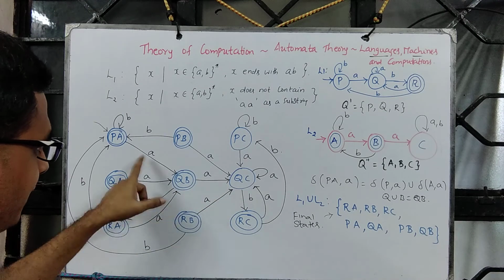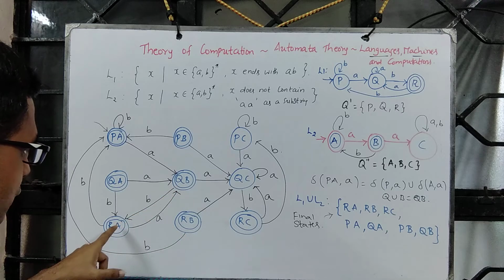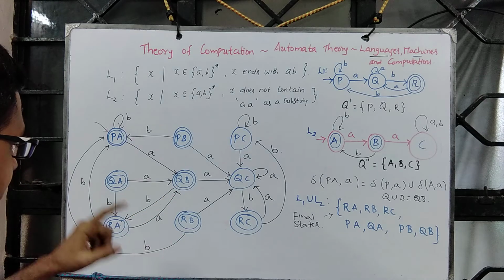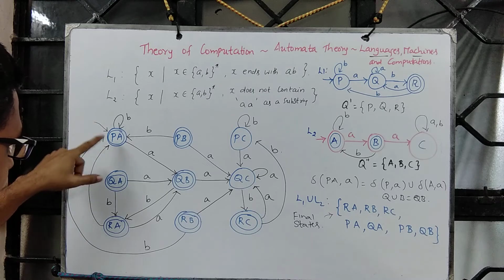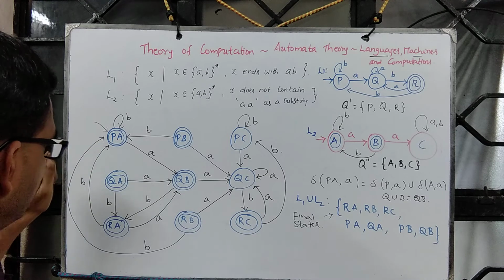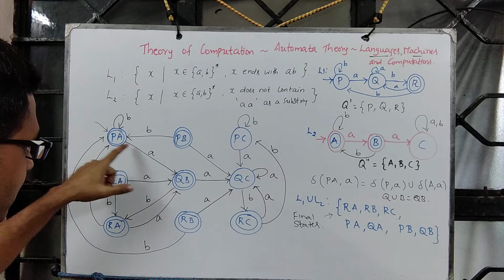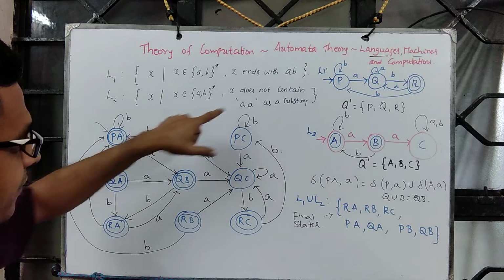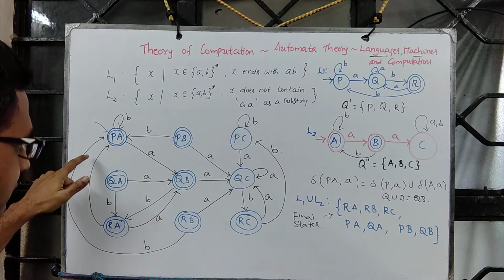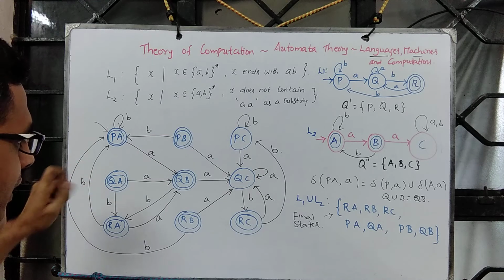Or after coming over here, you read a B and stop, which means you get AB. Or you go back and then continue to read some more B's, and if you come over here and then read some more B's, that will not have AA as a substring, which is still valid.